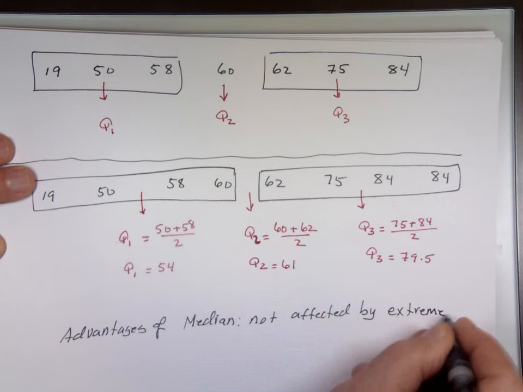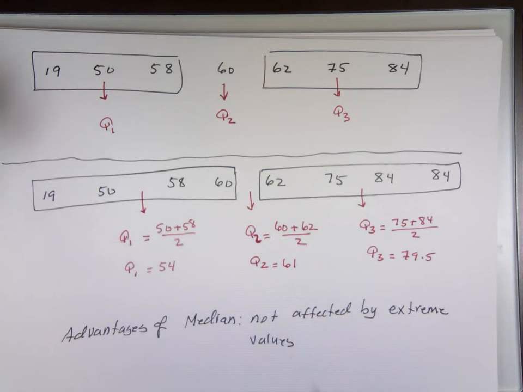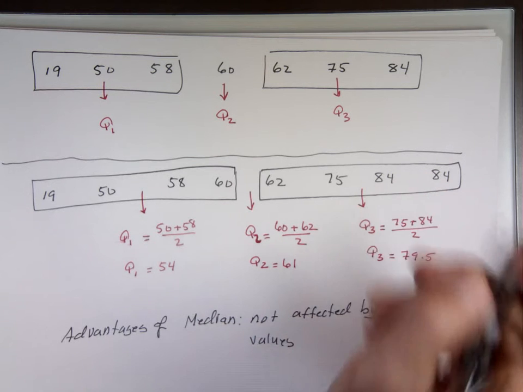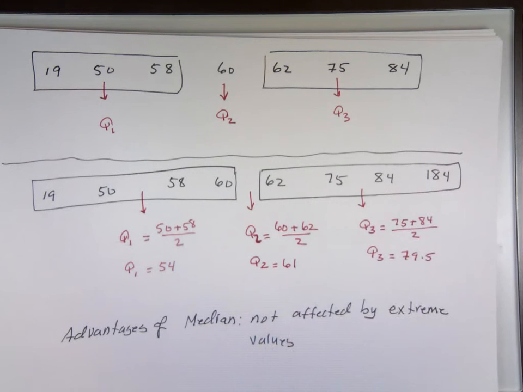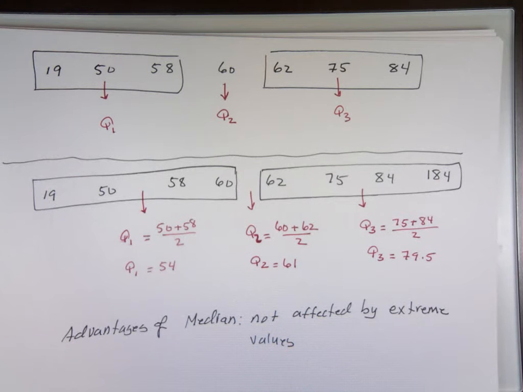So if, by mistake, when I was entering Timmy's score, instead of 84, I typed in 184 by mistake. Don't get excited, Tim, it doesn't change anything in the median. The median is still the same numbers. It does affect your average, but your median doesn't change, still the same thing.